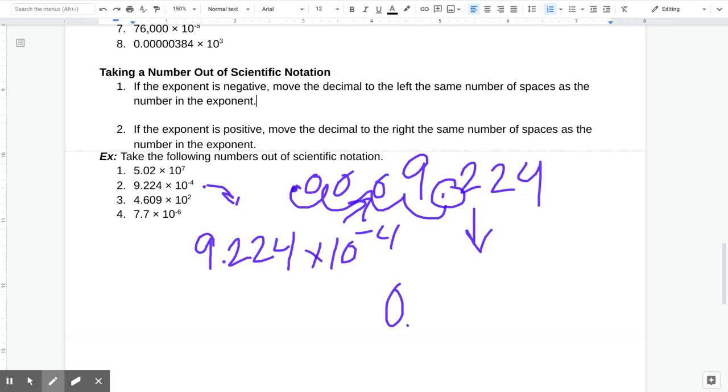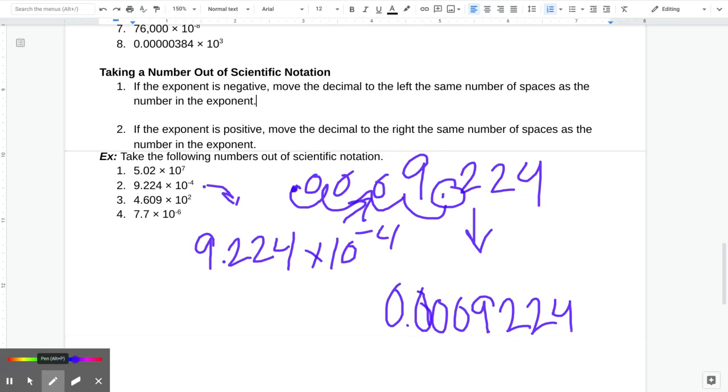When you have a decimal and there's any decimal where you don't have a number in the one spot, you should have a 0 there. And I'll show you why just in a second. So it should be 0.00, that is a 0, not a 6, 0.0009224.